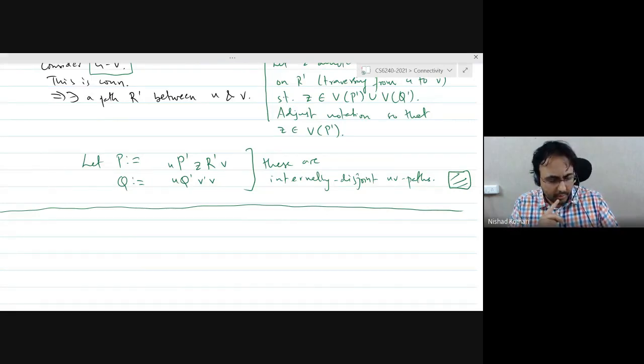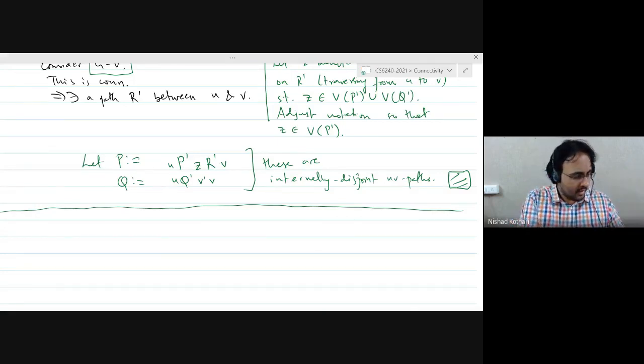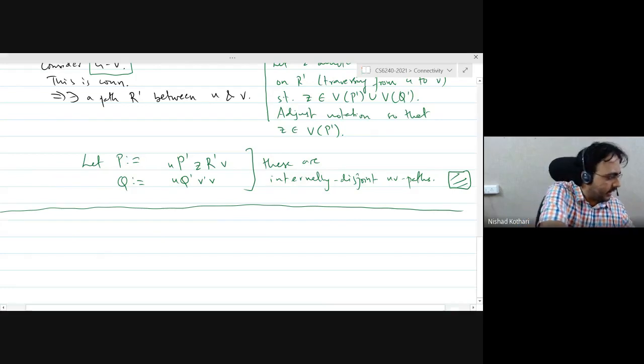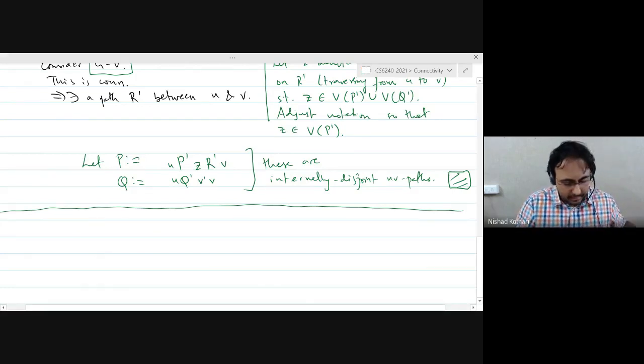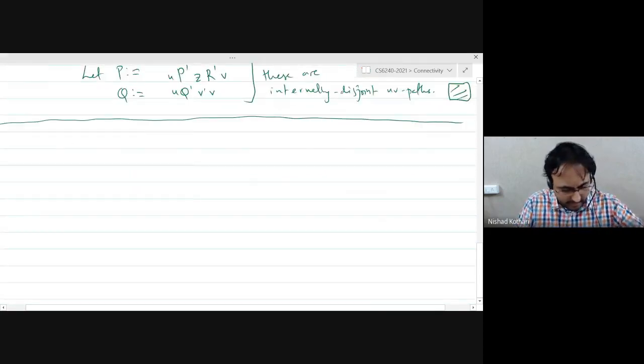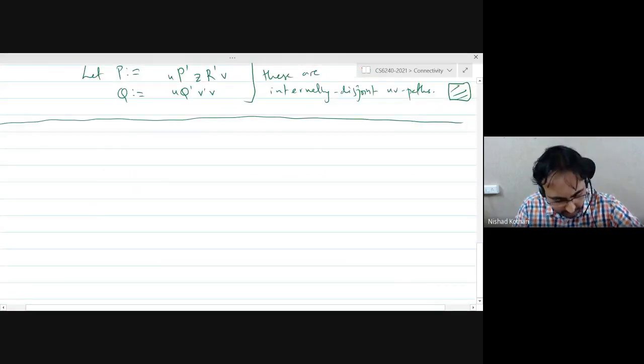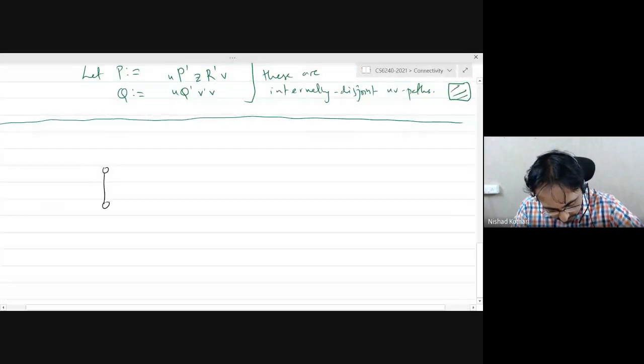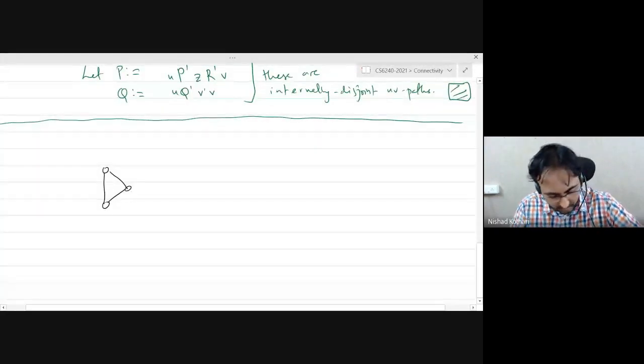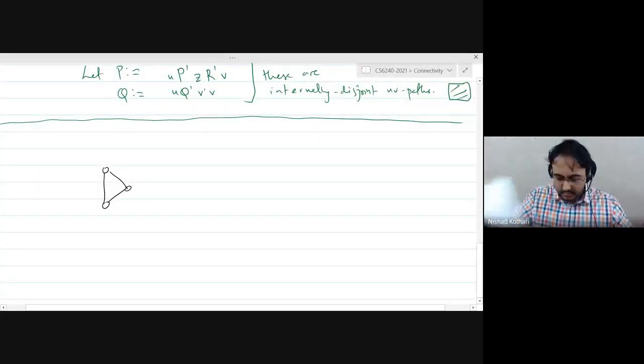But now I want to tell you about a slight generalization of a cut vertex. And I have a new idea of how to motivate it. So let me draw an example here. Okay, so this is going to be a slightly big example, but I just want to give you enough variety to see what's going on.